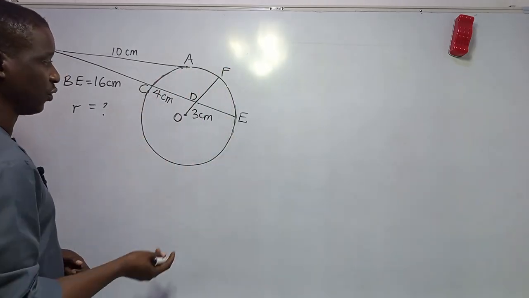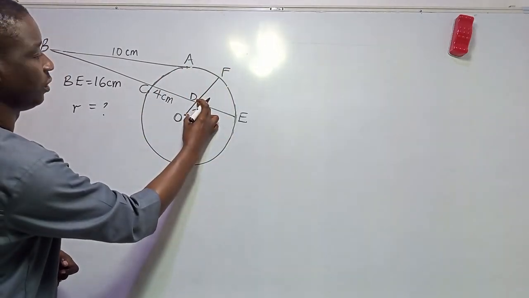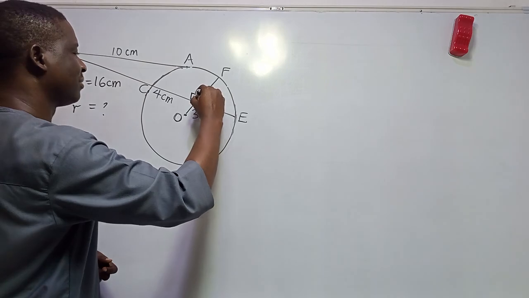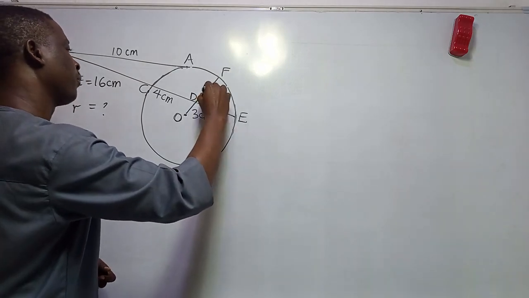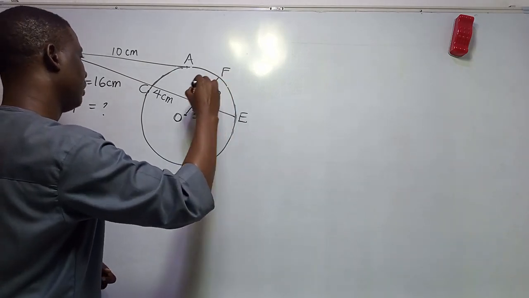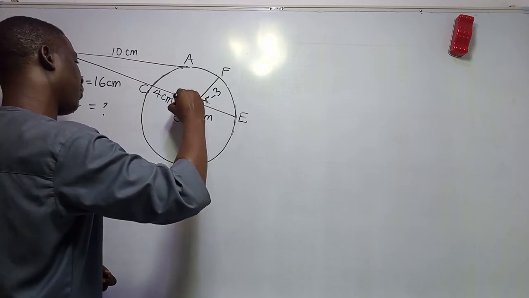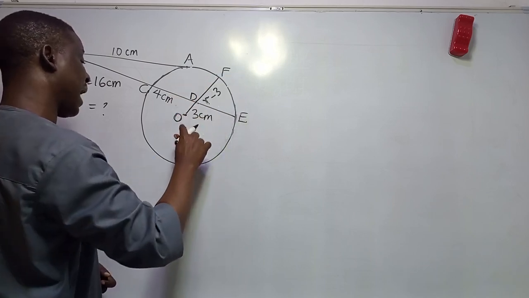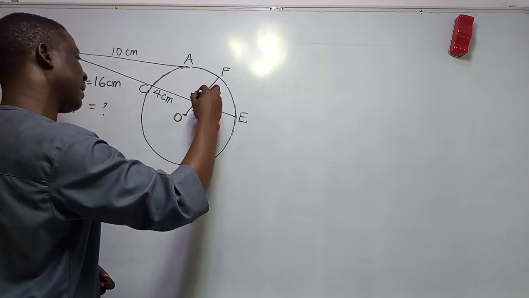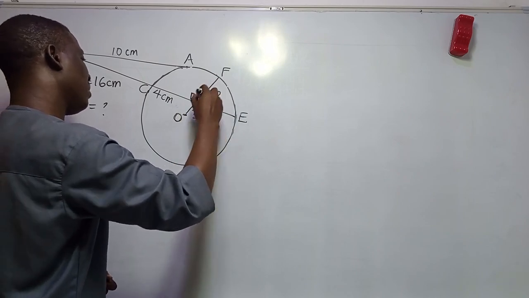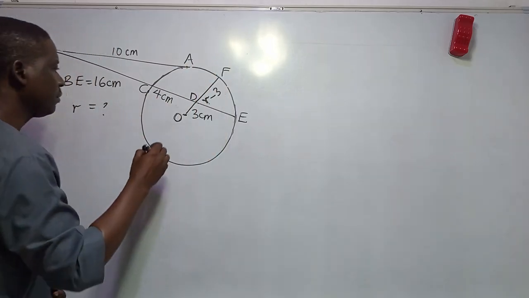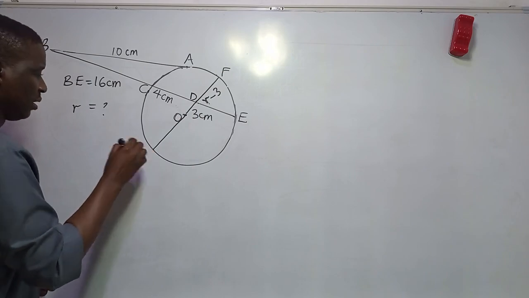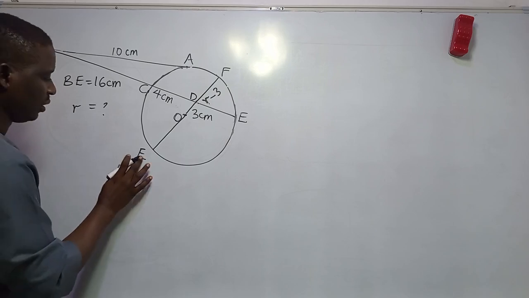If OF is the radius, and OD is 3 centimeters, then DF should be R minus 3, because from here to this place is R. Let's extend this one down also, and let's call this one H.